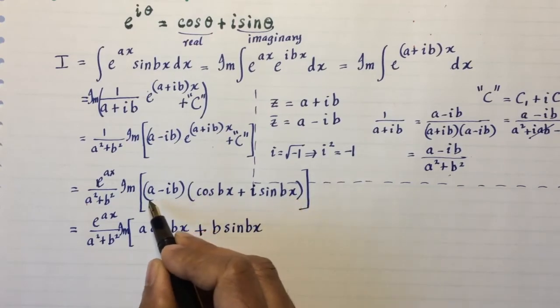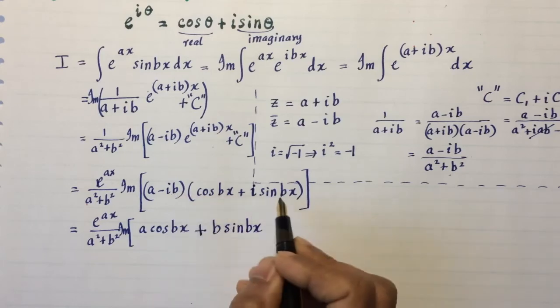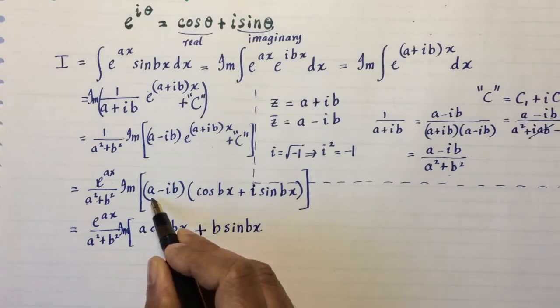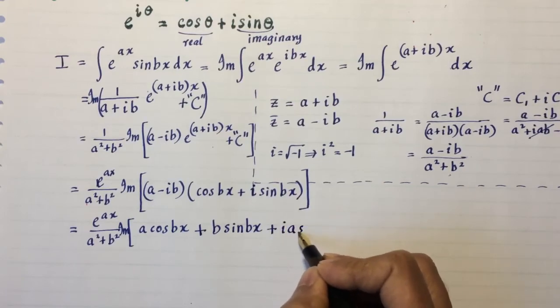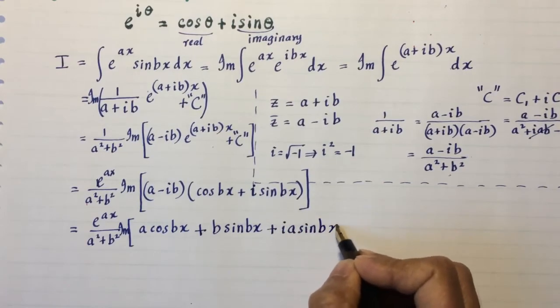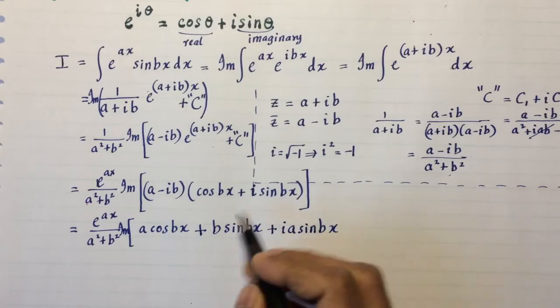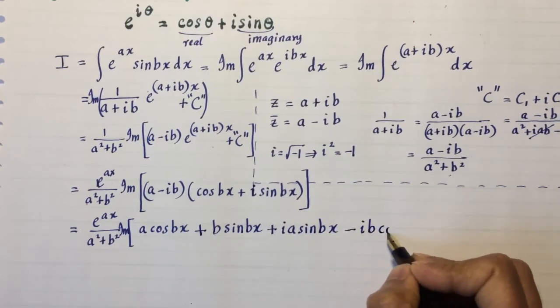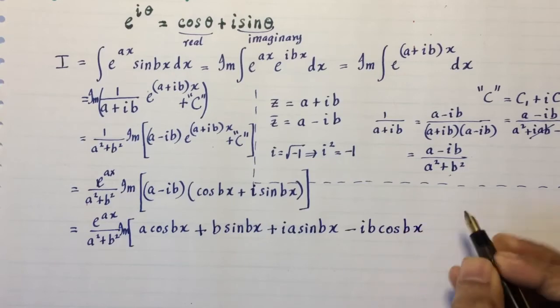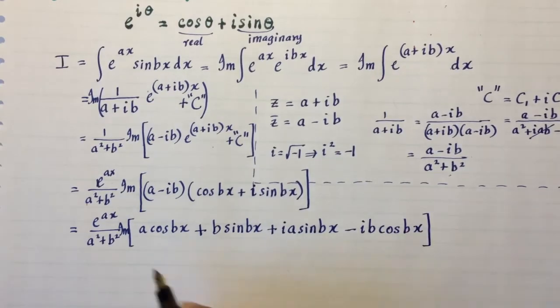The next term is going to be, I've done this and I've done that. Then I have to do this. So I'll get plus ia sine bx, and then minus ib cosine bx. So I've basically written this as a product of a sum of 4 terms.